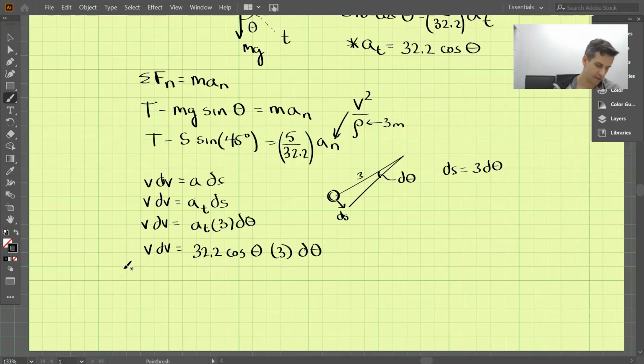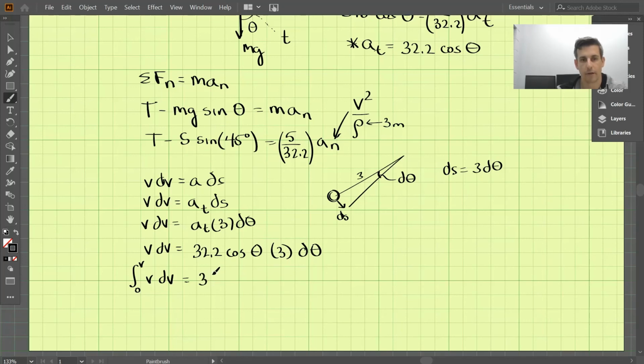Now we have this in a position where we can integrate this. We can integrate both sides. So we'll integrate the left side from rest, from a velocity of 0 to v. So we have v dv on the left-hand side. And there are a lot of constants here, so I'm going to bring 32.2 out front because that's a constant, and 3 out front as well.